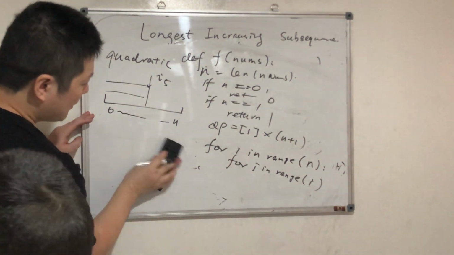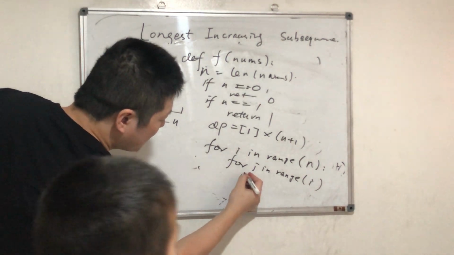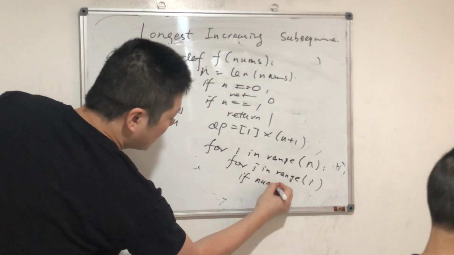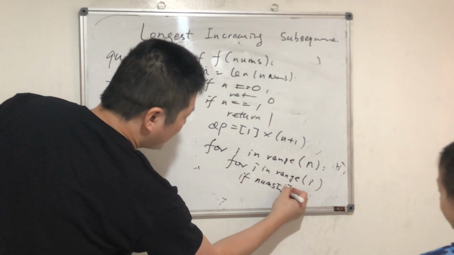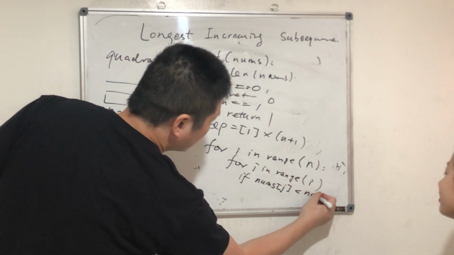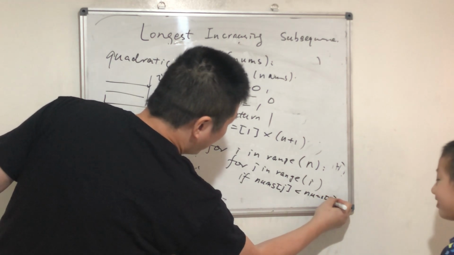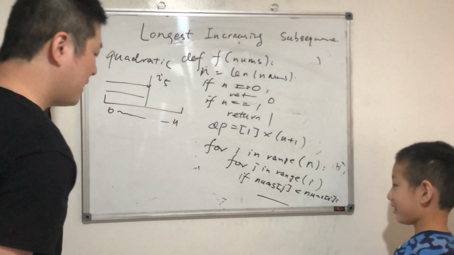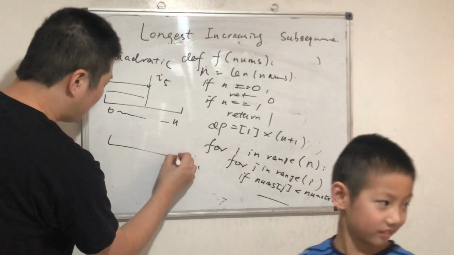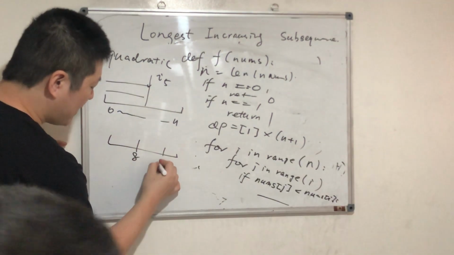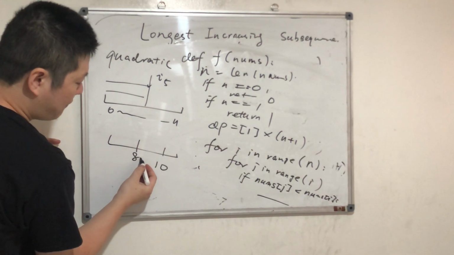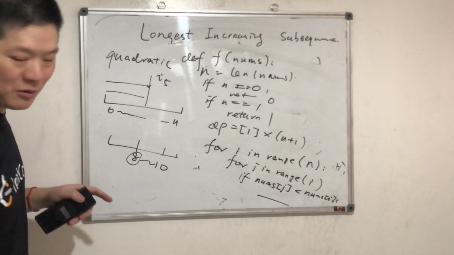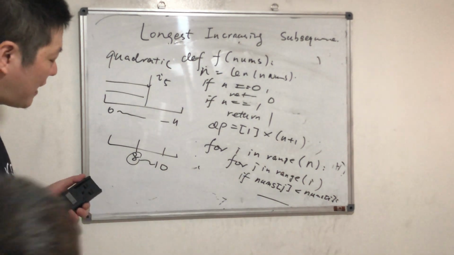Okay, look, if nums[j] is smaller than nums[i], what should we do? We should update.